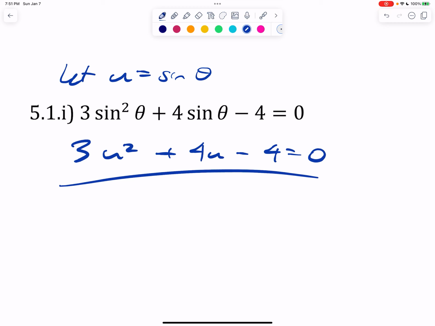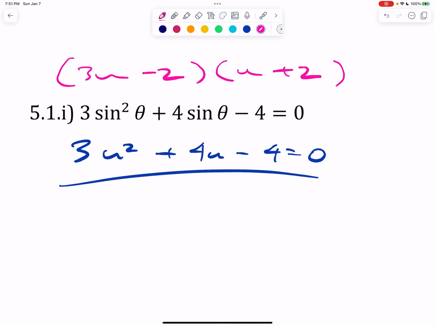My recommendation is put all these let statements and whatnot on a scrap paper, factor on that scrap paper, and let that tell you how to factor this particular expression on the left here. And again, I'm going to do this without parameterizing. If we had 3u squared plus 4u minus 4, then that would factor as something like probably 3u and u, probably looking at positive 2, negative 2.